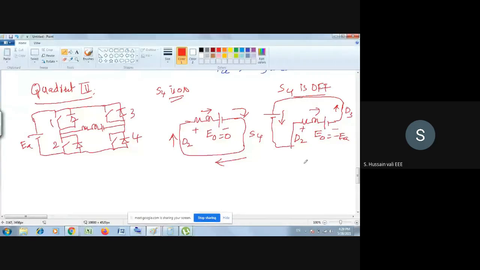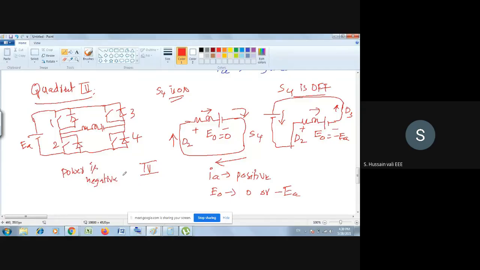So in the fourth quadrant, what we find is that IA is positive. What happens to E naught? E naught is either 0 or negative. So it's the fourth quadrant. In this quadrant, what is the power?